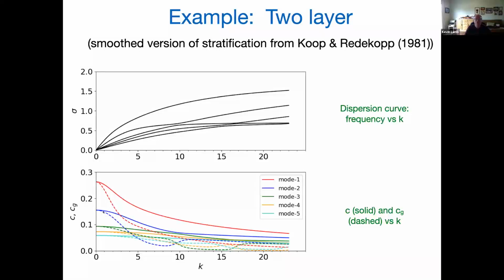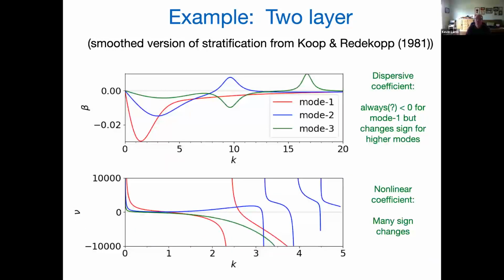For the mode 1 wave, the red dashed curve, it is decaying monotonically, but for the mode 2 wave, it decays and then increases and actually becomes larger than mode 1. Similarly, mode 3 decays and then increases. The dispersive coefficient in the NLS equation is the derivative of the group velocity with respect to k, so you can see from here the dispersion coefficient is going to change sign.